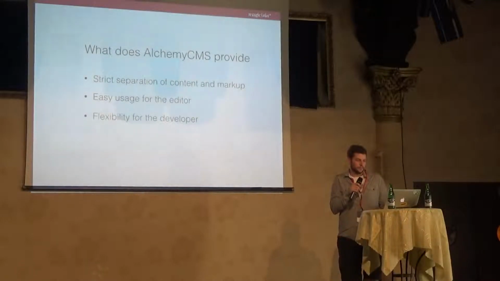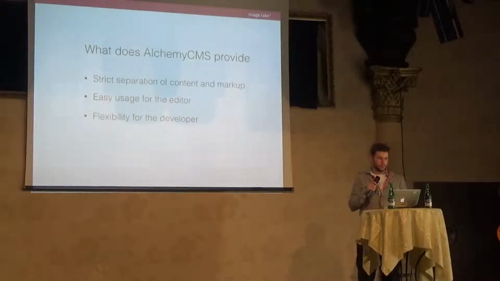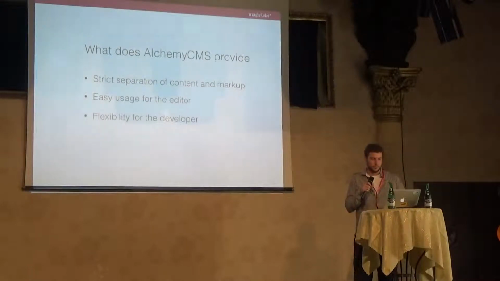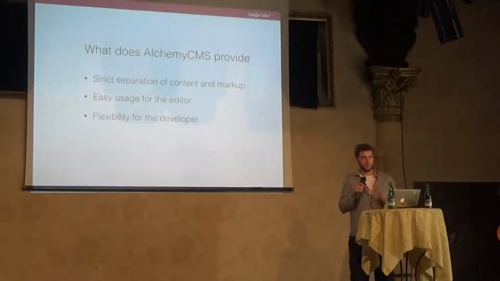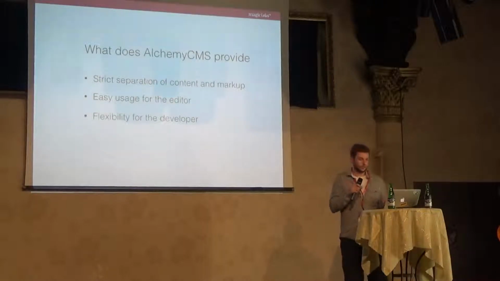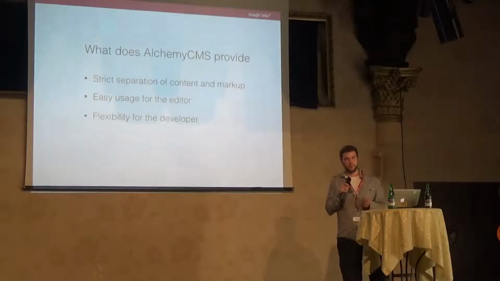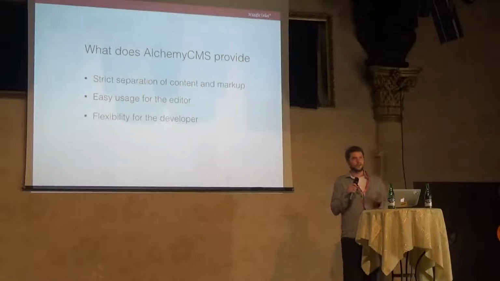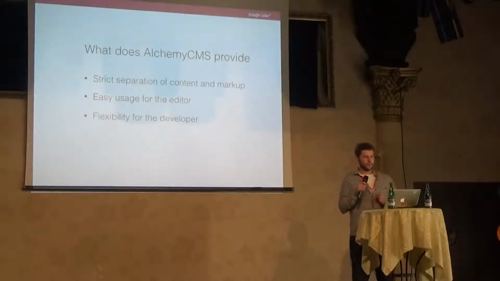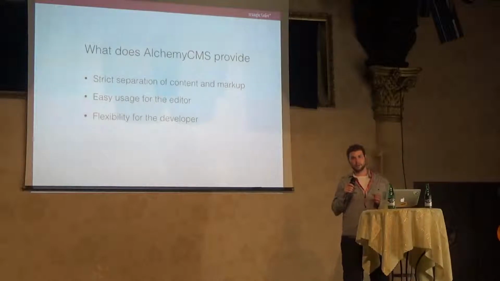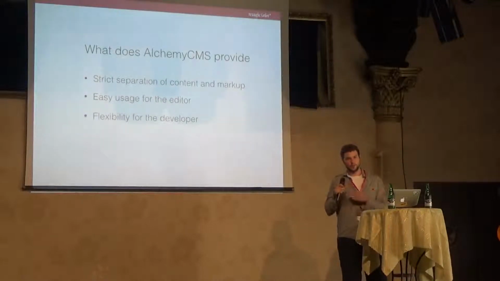And there's another thing, the architecture of Alchemy itself. Imagine a headline on a website of a few characters, or values of select fields, for example. These are the smallest parts in Alchemy CMS, which are mapped to database fields.